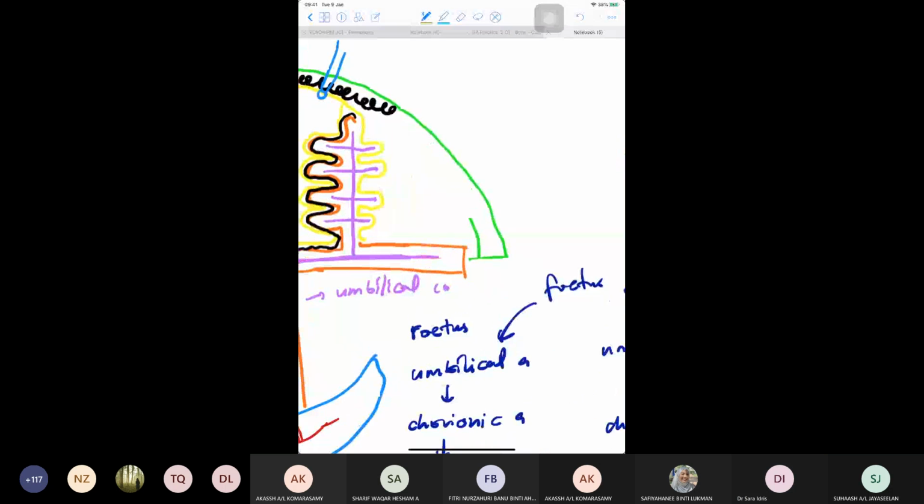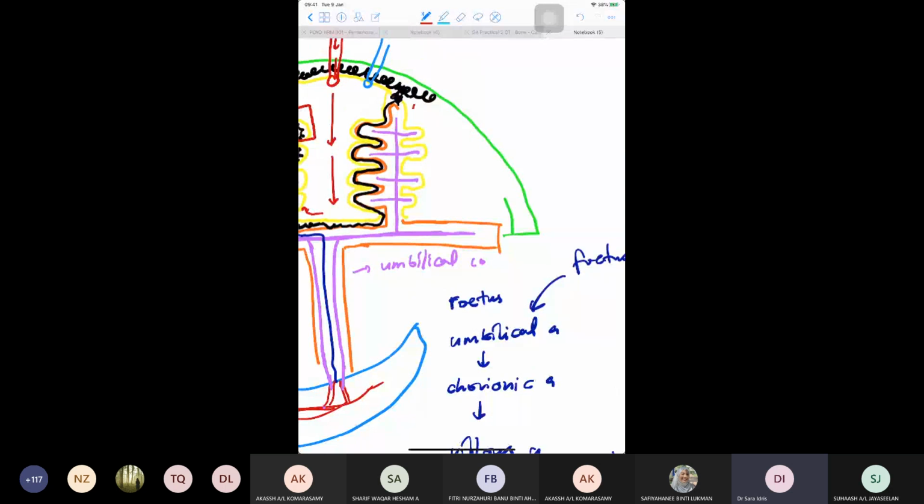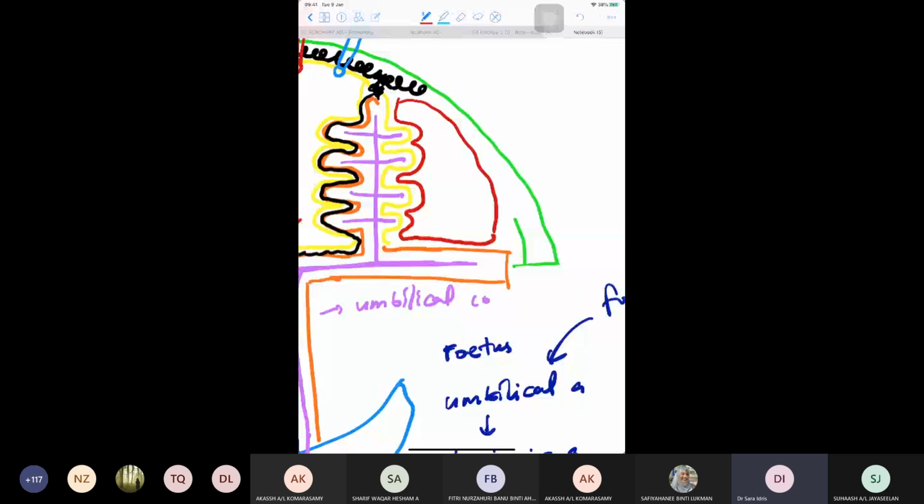Right? Don't forget that you still have the anchoring villi. You have a cytotrophoblast there. But in between the intervillous spaces and the villus, you don't have any more cytotrophoblast and mesoderm. All right, is that okay?